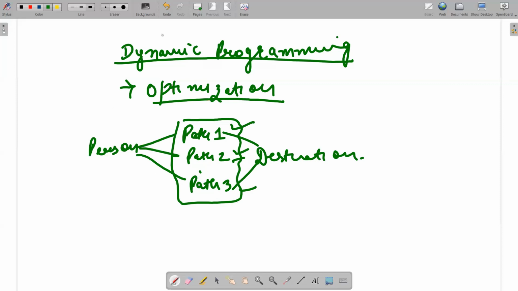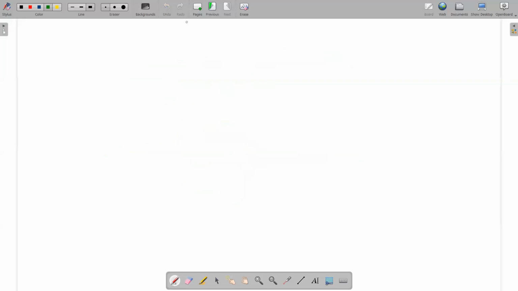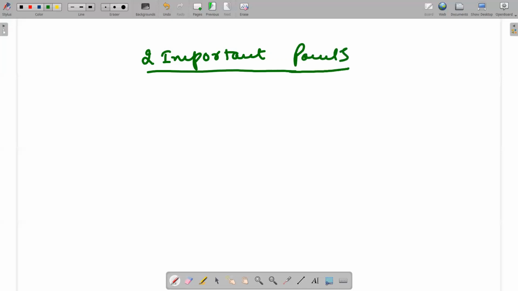Now, there are two important points regarding dynamic programming. First, dynamic programming always provides us optimal substructure. You know what is optimal substructure?